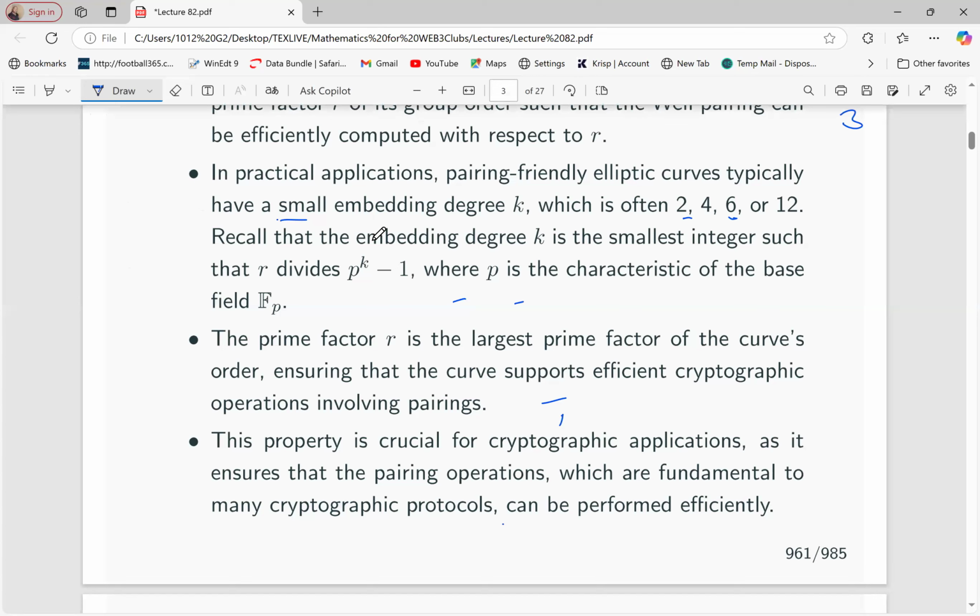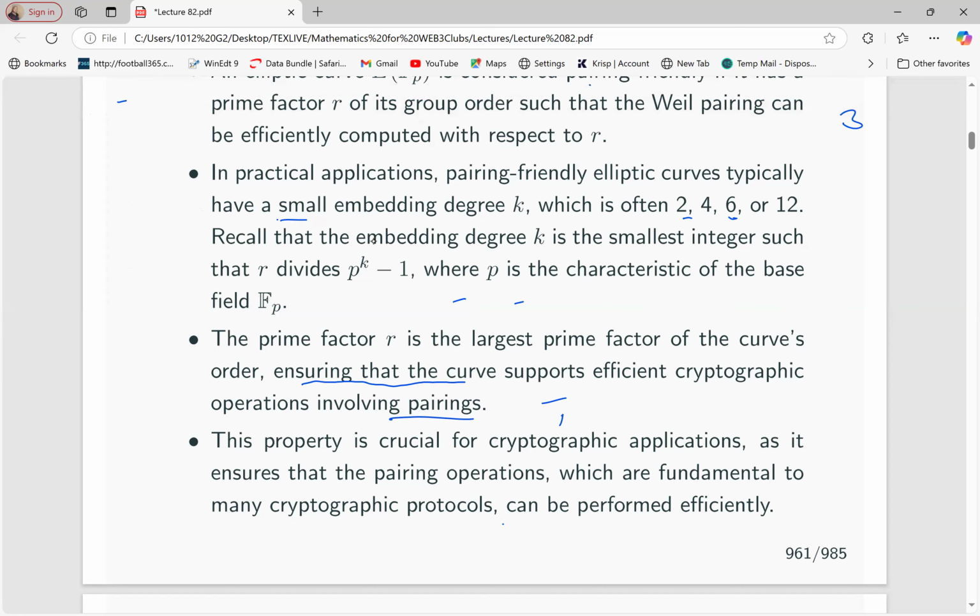Now, why are we choosing the largest? I've explained here. It ensures that the curve supports efficient cryptographic operations that involve pairing. The operations we are talking about are addition, scalar multiplication, and so on.